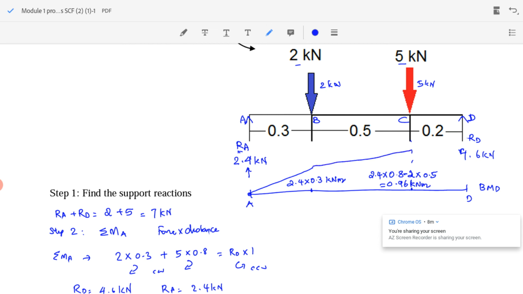So bending moment at point B will be 2.4 into 0.3, equal to 0.72 into 10 power 6 Newton millimeter. Further at point C, it is equal to 0.96 into 10 power 6 Newton millimeter. We can see that bending moment at point C is higher when compared to bending moment at point B.